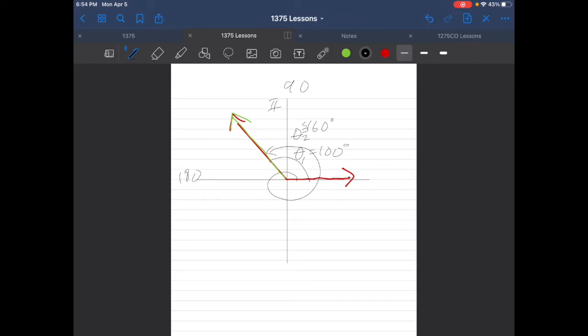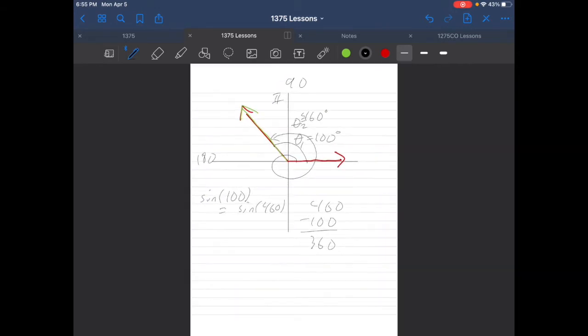So what is the difference between these two angles, theta 1 and theta 2? 460 minus 100 is equal to 360 degrees. These are coterminal angles. So whatever ends up being the sine of 100 degrees is going to be exactly the same as the sine of 460. And that's something we will come back to. But it's something that you do have to know. This is called coterminal.